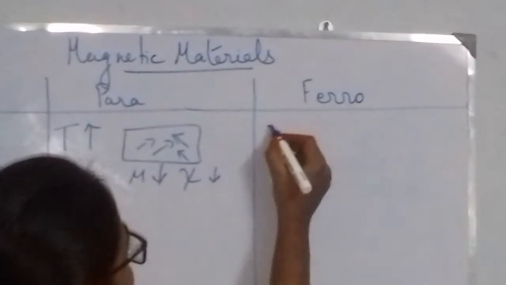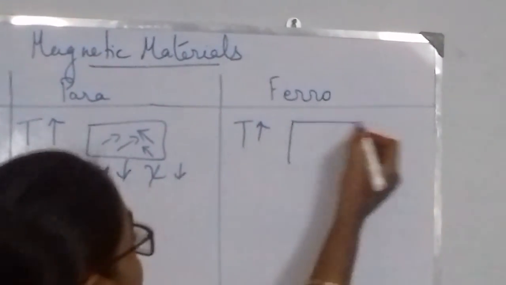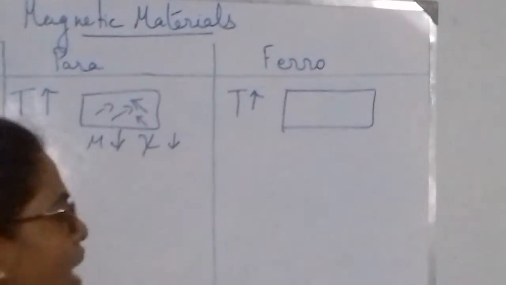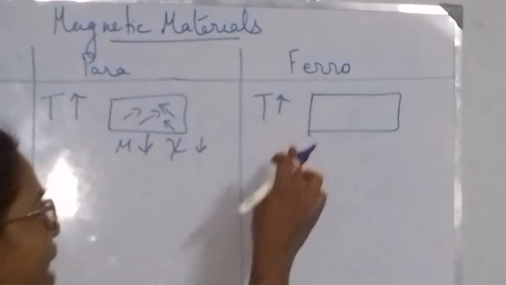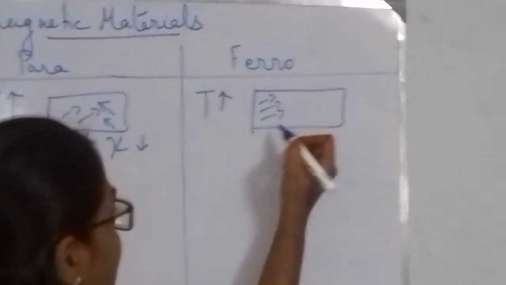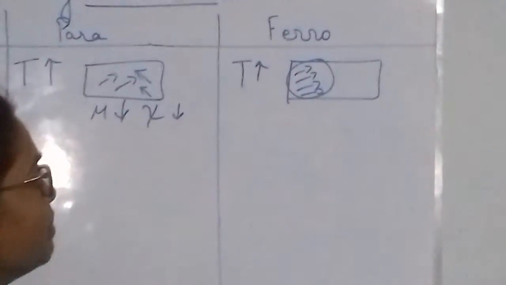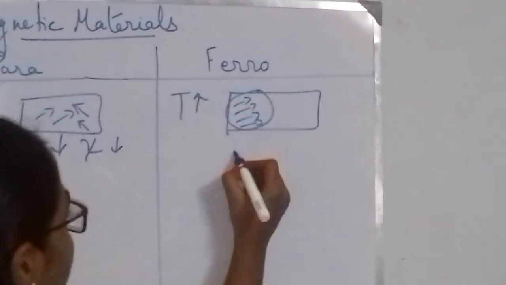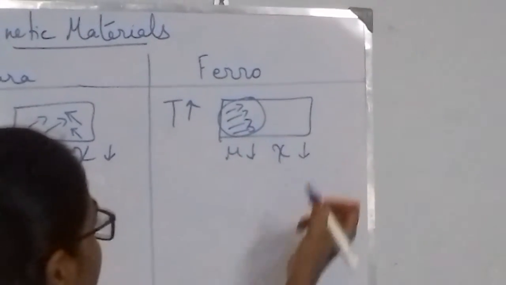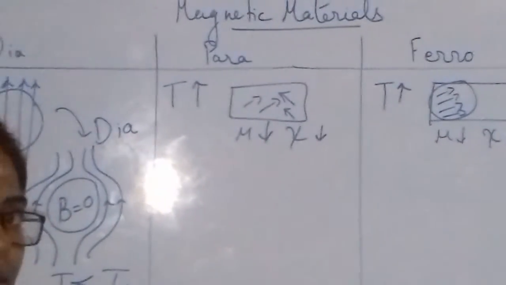Now when the temperature is increased in the ferromagnetic material, here also the alignment becomes random. There is some alignment inside the domains, but this alignment becomes random, so the magnetization drops and susceptibility becomes less.